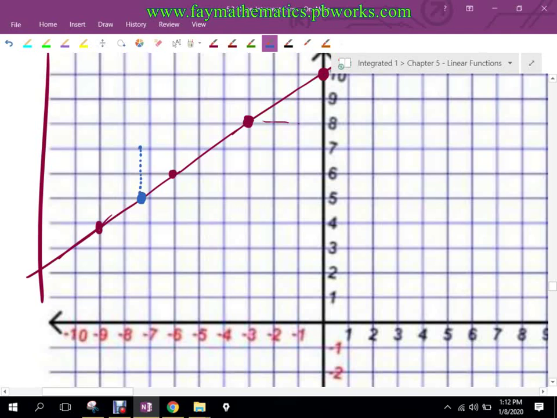Going over 1 would put me right there. Going over 2 would put me right there. Going over 3, it puts me right there back on my line. So the rise over run of 2 over 3 should still exist on my graph no matter what 2 points I look at. Is that okay with everybody?